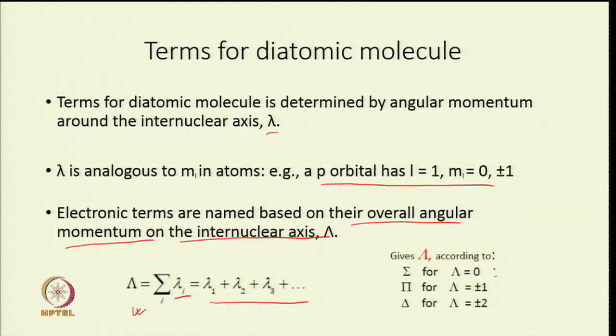If lambda is equal to 0, that corresponds to a sigma term. When lambda is plus minus 1, that corresponds to a pi term, and when lambda is plus minus 2, that corresponds to a delta term. This I have already discussed in the last lecture.